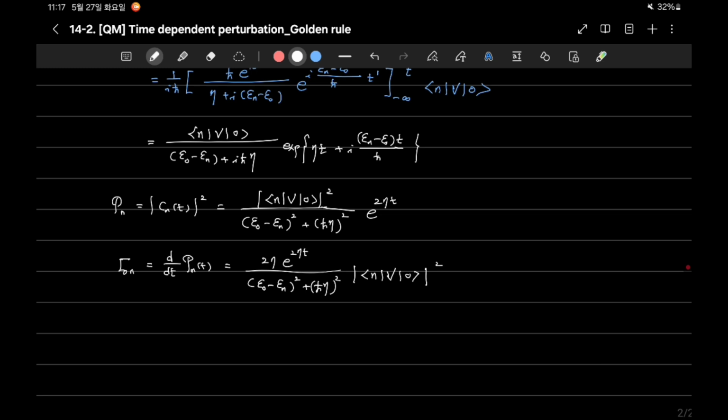So in the case that η is very small, this exponential becomes 1, and in this case, this term makes 2π over ħ.